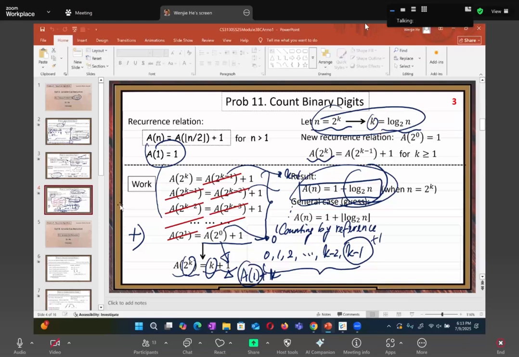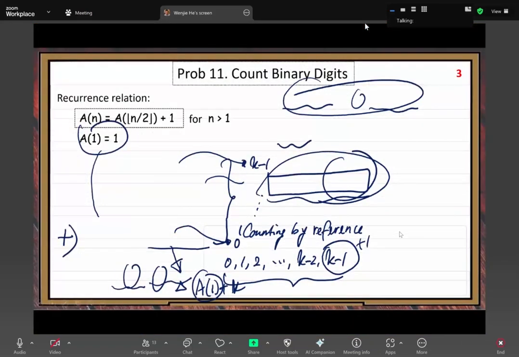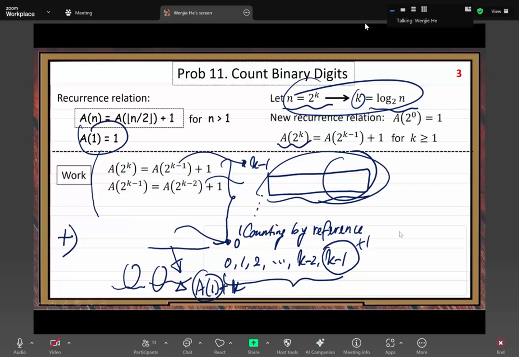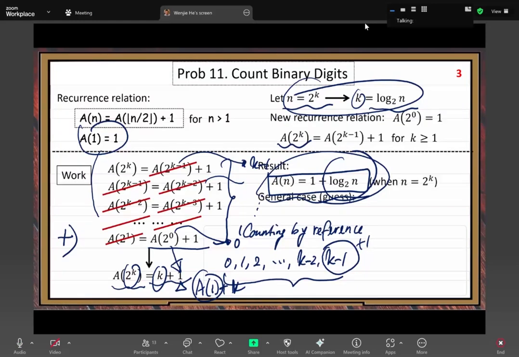At the beginning, I need to recall a little bit, to remind you of our discussion. Move down to the bottom, right here.